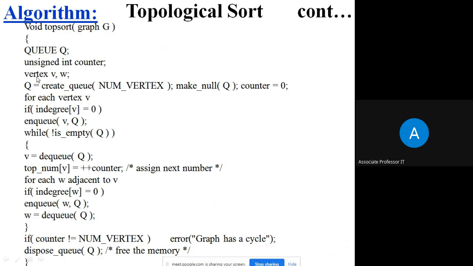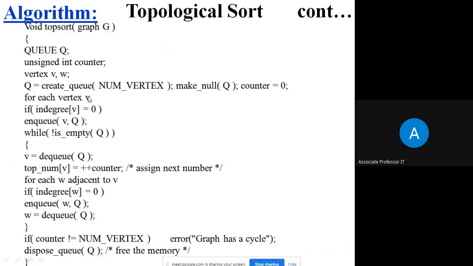Then declare the counter, and declare the vertices V, W. Based on the to-do list, Q equals create queue of number of vertices. We make null of Q, and continue the process from there. The counter starts from 0, so counter equals 0.